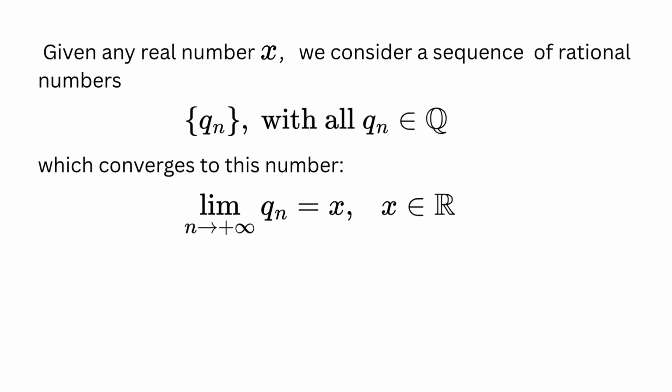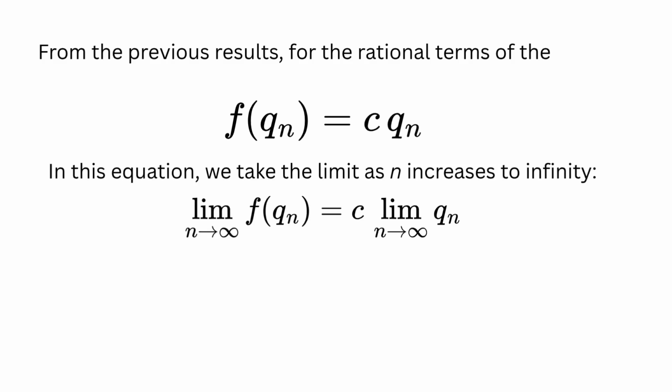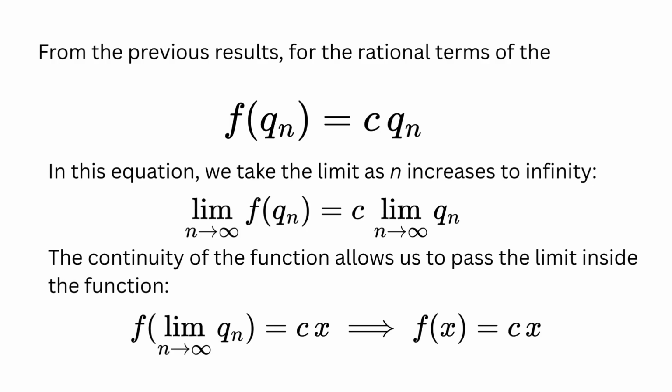If x is a real number, let's represent it as the limit of a sequence Qn of rational numbers. Then, the value of the function for any member of the sequence is c times that member. In the limit of n to infinity, the continuity of the function allows to exchange the limit with the function and find that f of x is c times x.